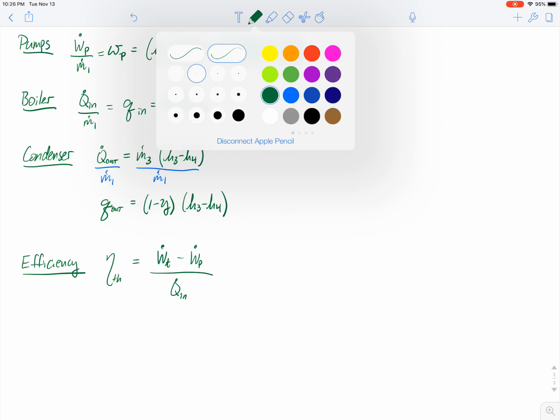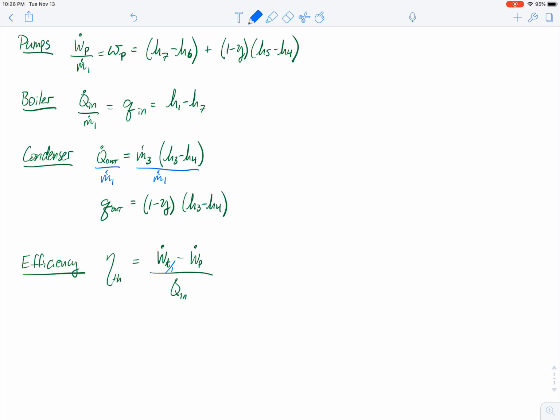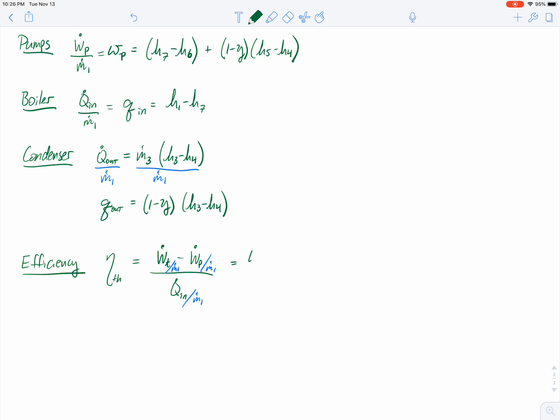And since I've written all of those previous terms based upon the same total mass flow rate of the cycle, I can write it in terms of the specific work and specific heat transfers.